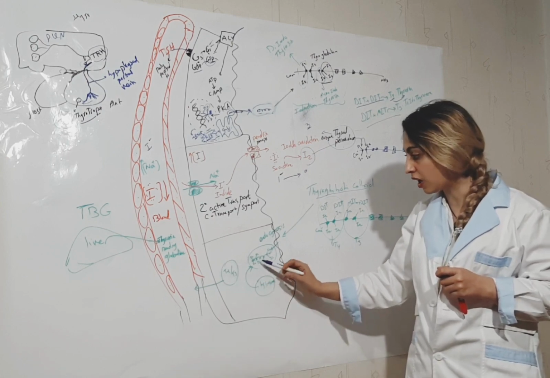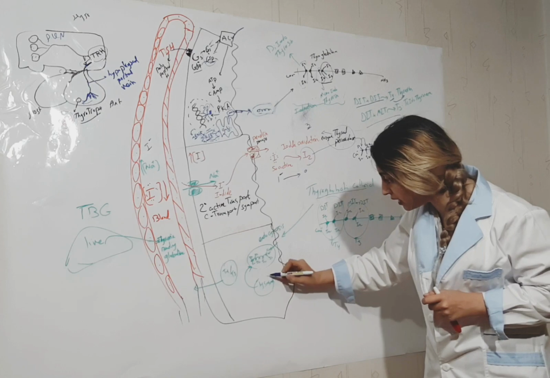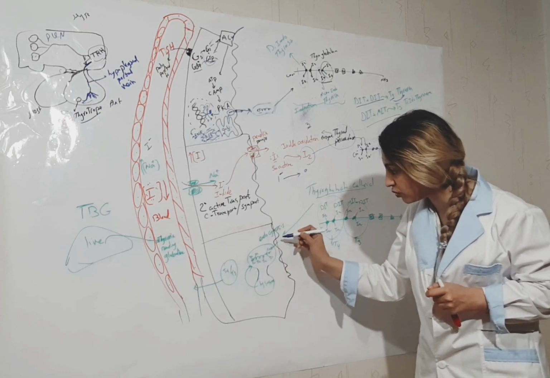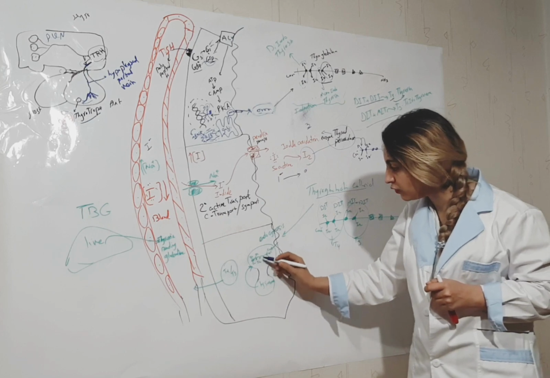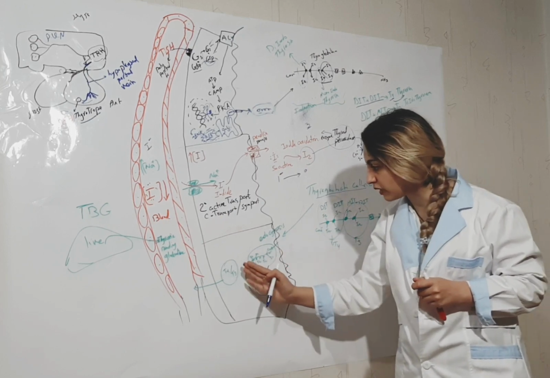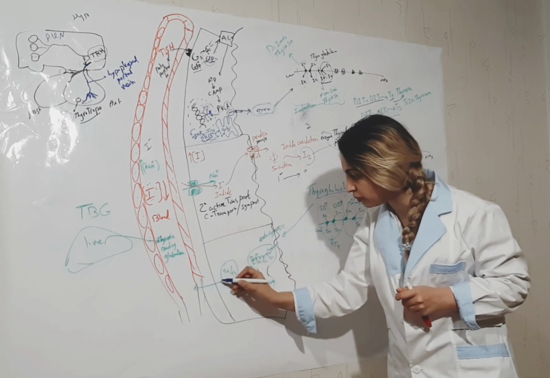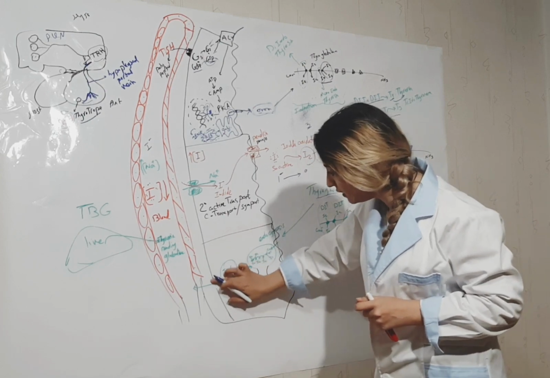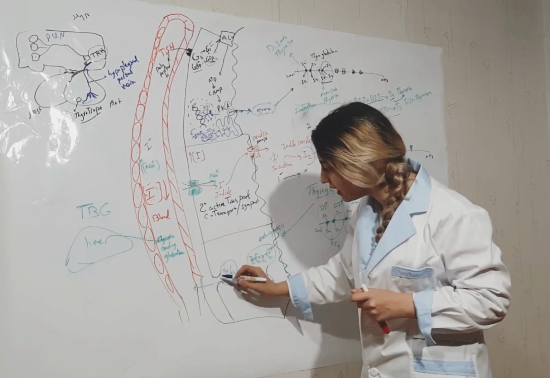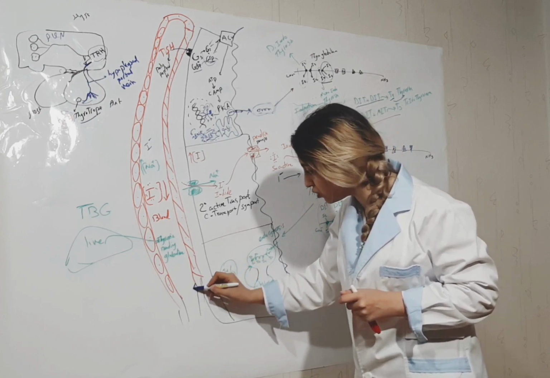The lysosome will come and its membrane will fuse to this vesicle, which has come by endocytosis inside the cell, and it will cut the T4 and T3, and T4 and T3 will be released in another vesicle, and finally the membrane of this vesicle will fuse to the cell membrane, and they will go by diffusion into the blood.